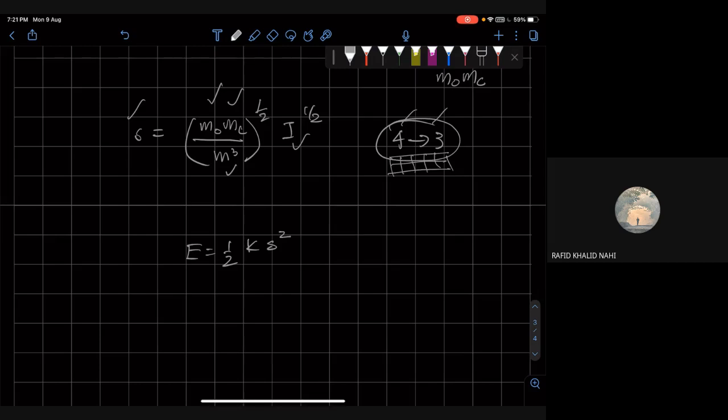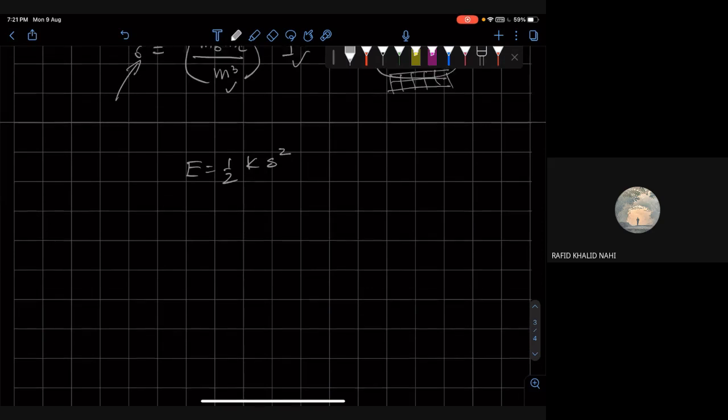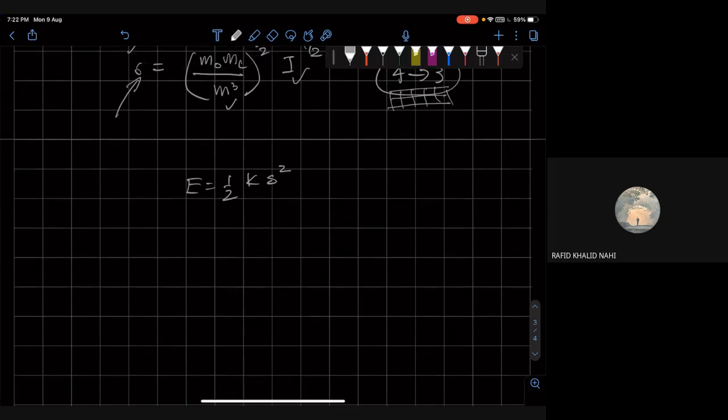Yes, sir. But the point is that we cannot take this value. Why can we not take this value? Because this is the value for when things are not rotating. So what we need to do is that this is actually not S squared, this is going to be delta S squared, right?